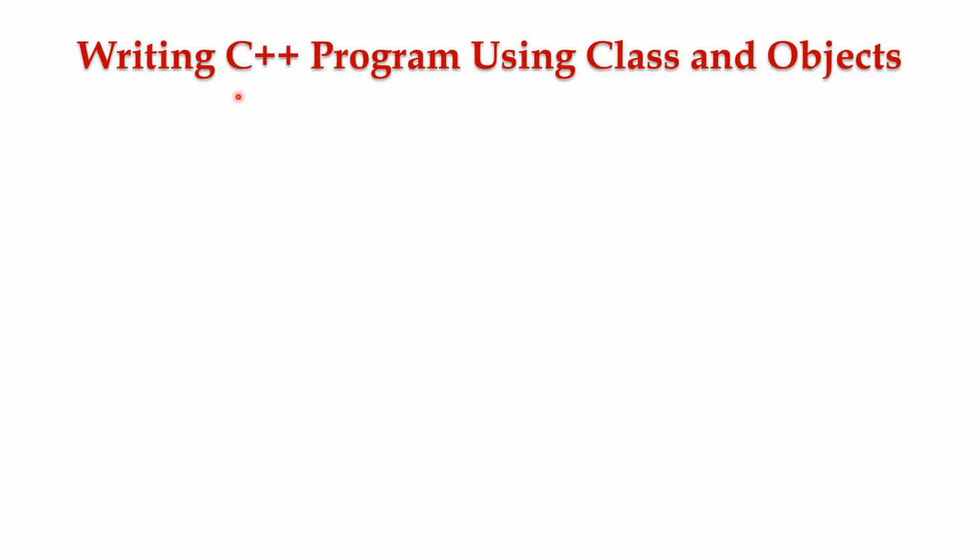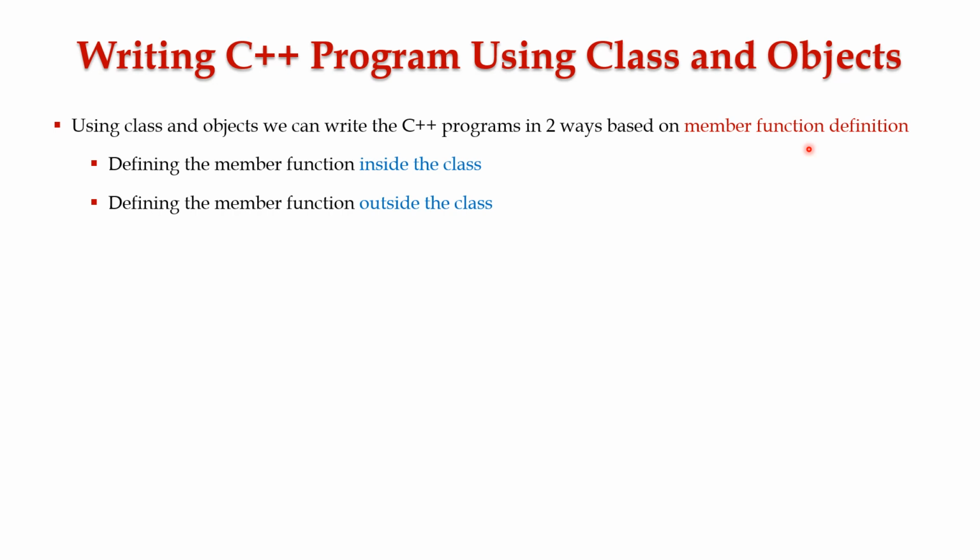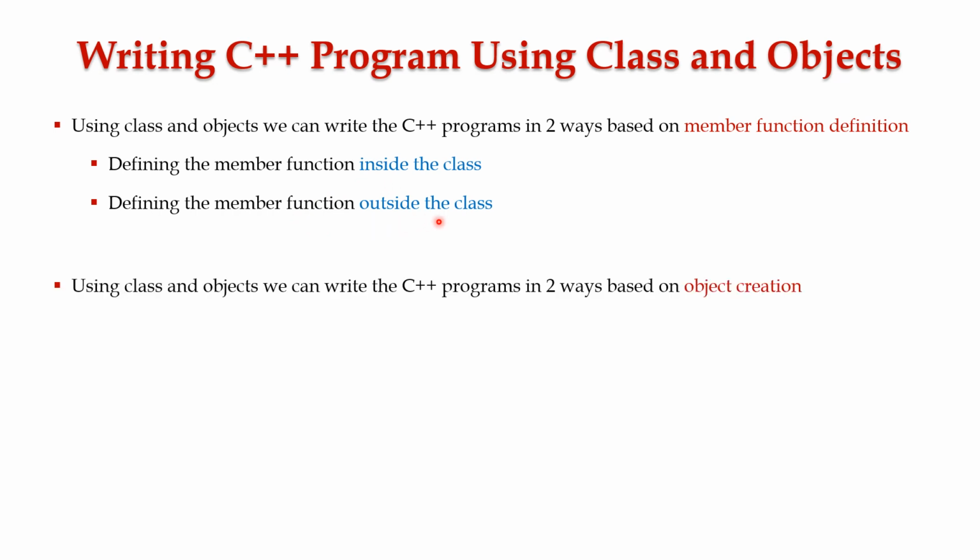Now let's see how to write a C++ program using class and objects. By using class and objects, we can write a C++ program in two ways based on member function definition. The member function can be either defined inside the class or it can be defined outside the class.